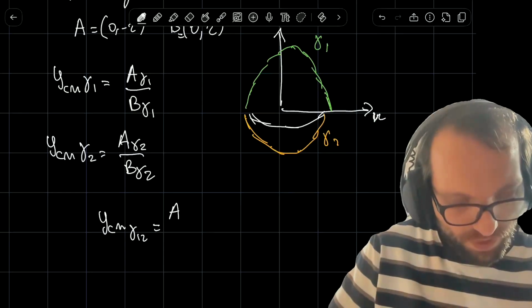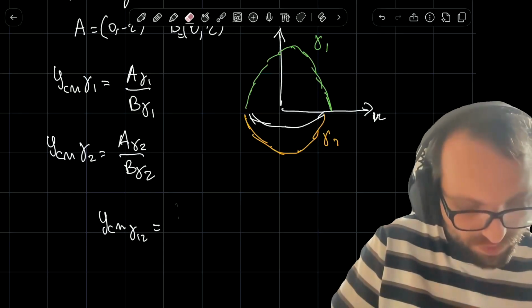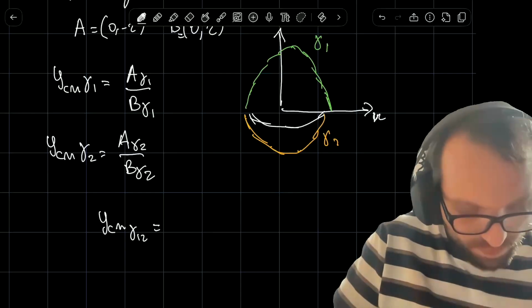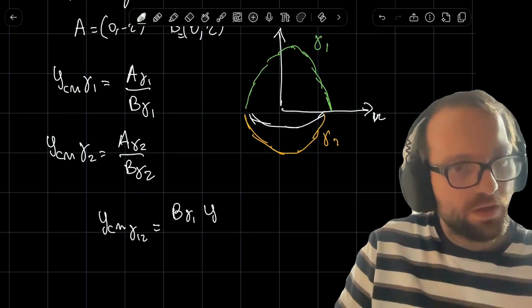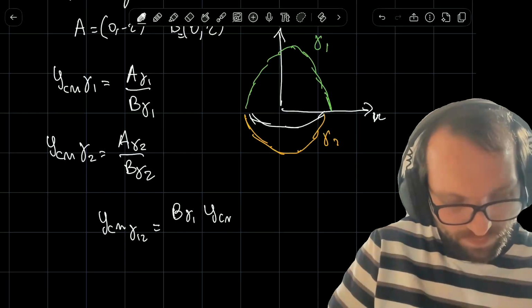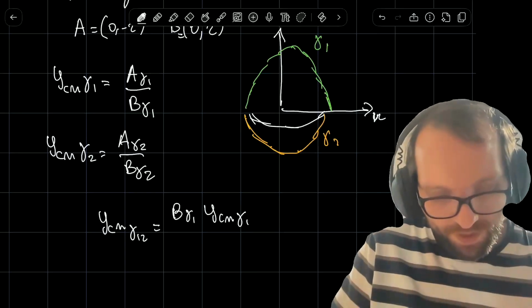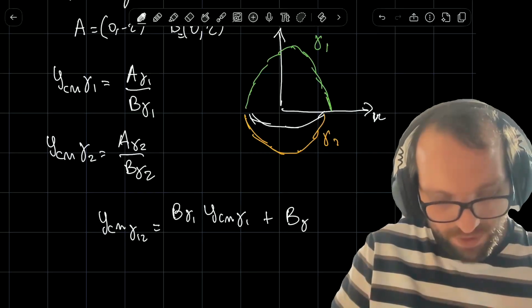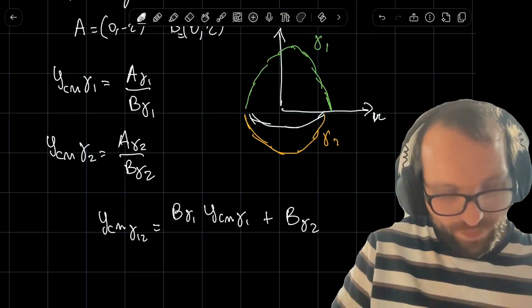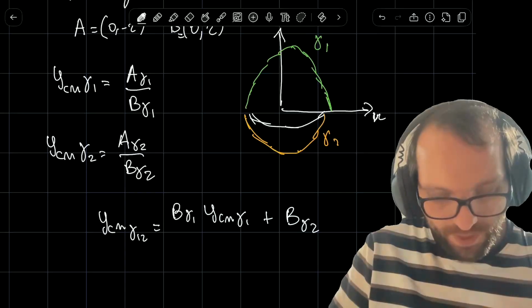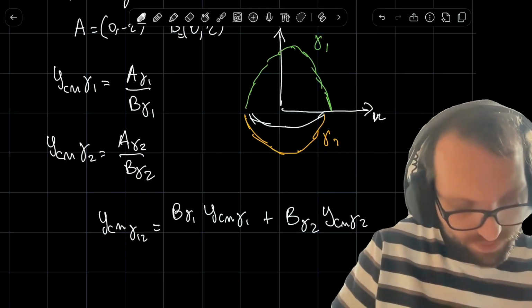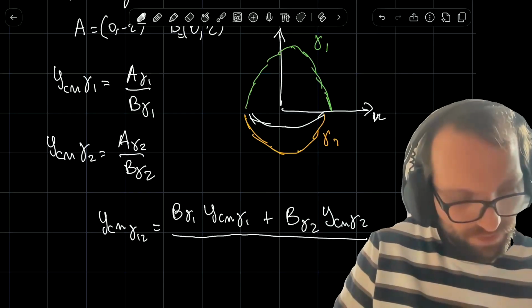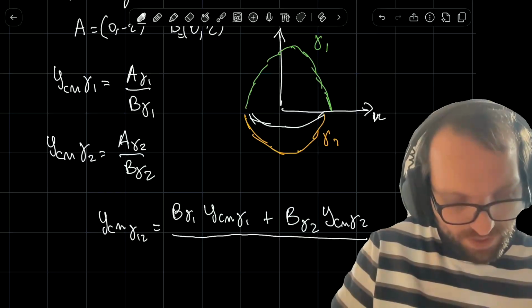So it's going to be B of gamma 1 multiplied by the center of mass of gamma 1, plus B of gamma 2 multiplied by the center of mass of gamma 2, divided by the sum of the weights.